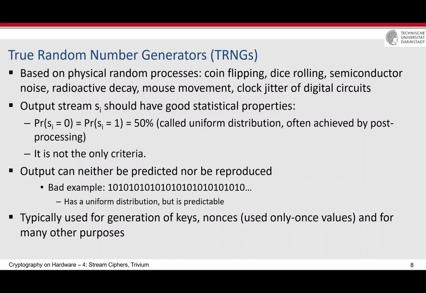As I said, the uniformity is not enough. For example, this is one example of predictability. If you have 1, 0, 1, 0, 1, 0, 1, 0, it looks random, but from which perspective? The uniformity is good. It's 50-50, not imbalanced, it's balanced. But it is predictable. If you are interested, you may search for the NIST tests.